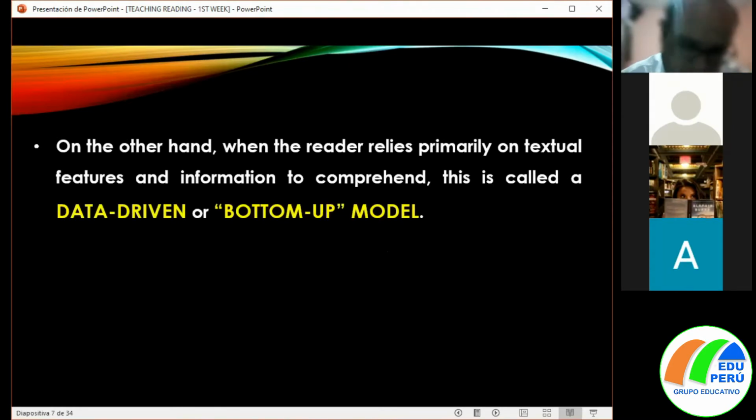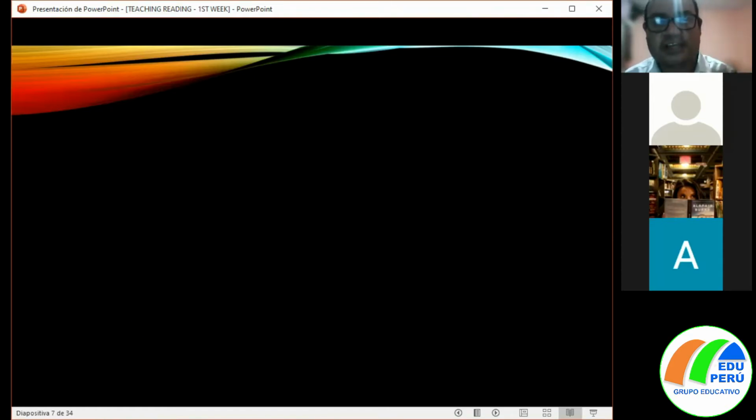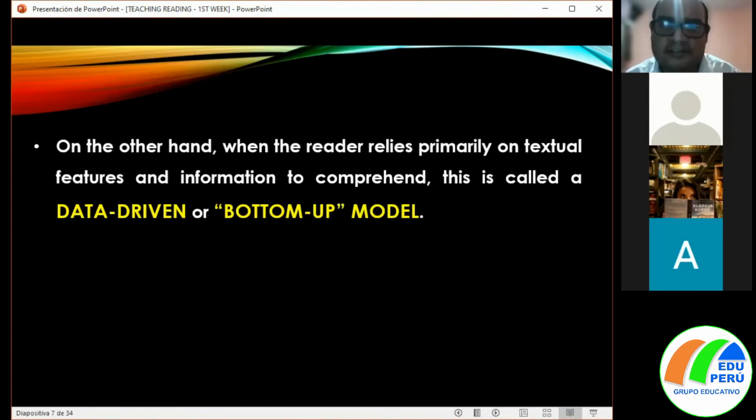If you notice, here you have another difference. The most important here is the person, the reader. This aspect is most important, the person who reads, because you are focusing on what the reader already knows. But here, the reader is not important.